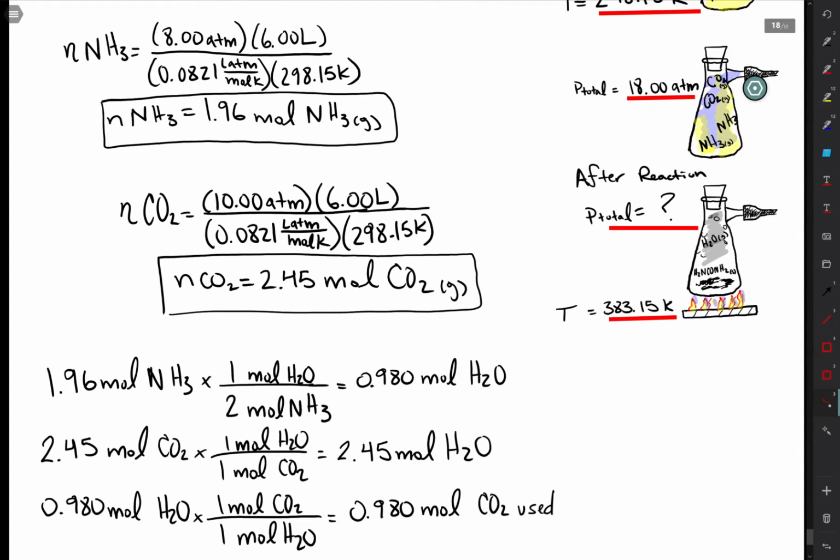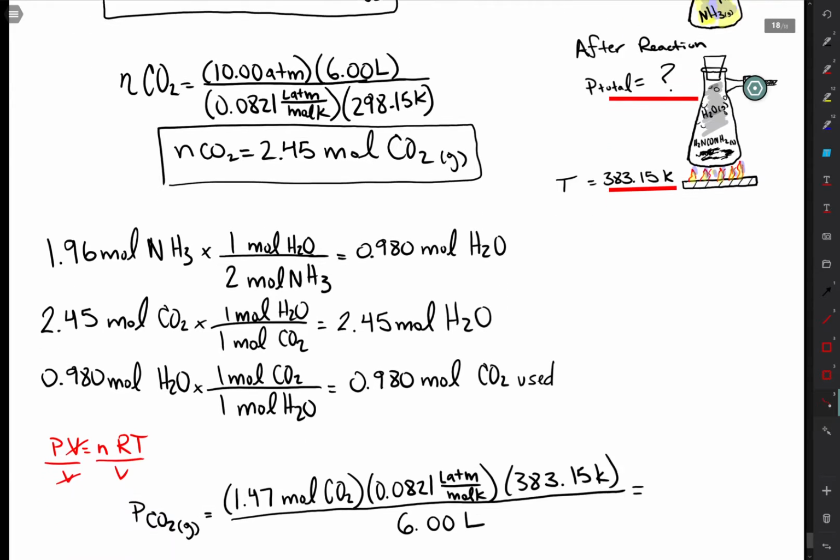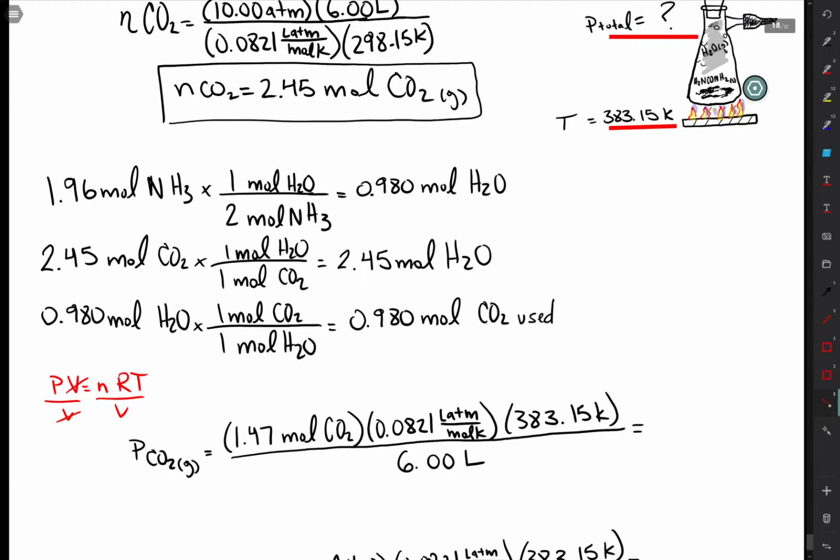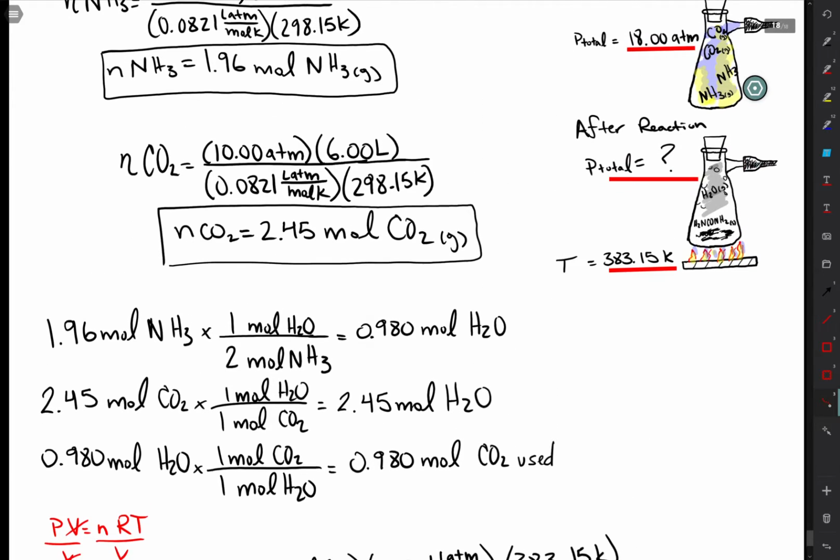Down here, we can use a mole ratio to get the moles of H2O. So we use the moles that we were given of ammonia, which is what we found here. We do a mole ratio.